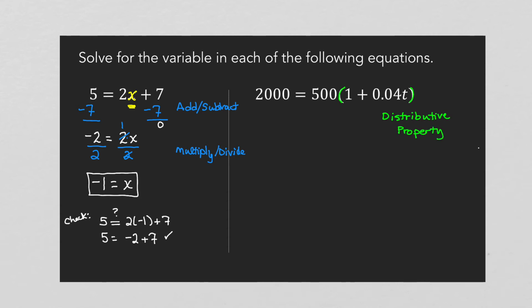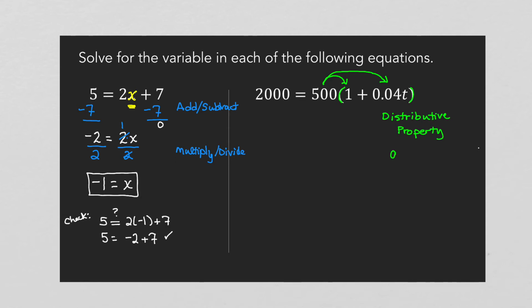And what does the distributive property say? The distributive property tells us that if we have a quantity times another quantity in parentheses with an addition or subtraction, we can multiply that outside quantity by multiplying it to all the terms inside the parentheses.